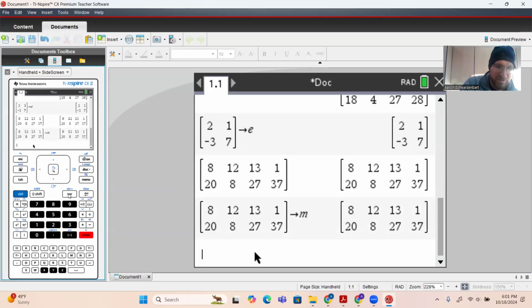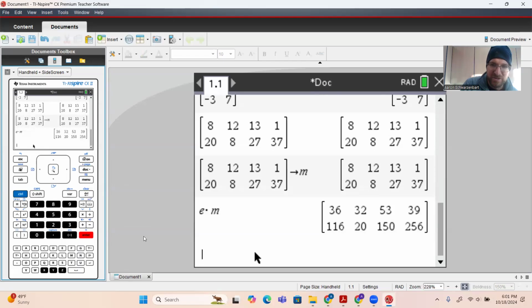So now my encoded matrix is just E times M. Oh, I should have started, this should have been P. Oops. Now let's store this as N for the sake.